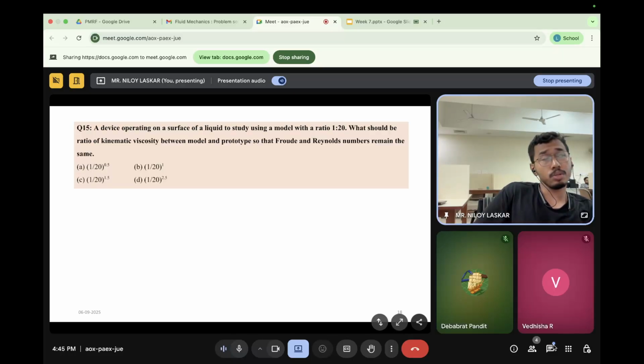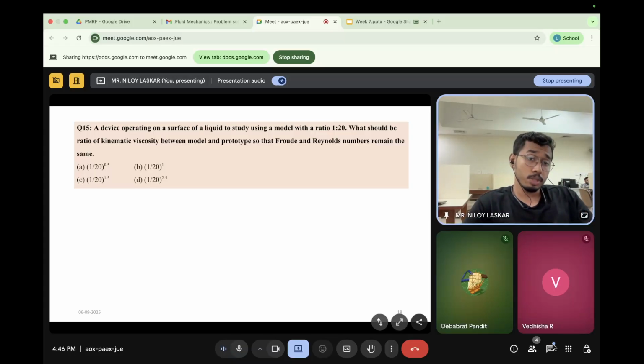In Mach number also, in some questions they will provide the Mach number and the speed of sound, and you are asked to find the velocity. You can easily find it out. Simple numericals are given on the topic of Mach number.